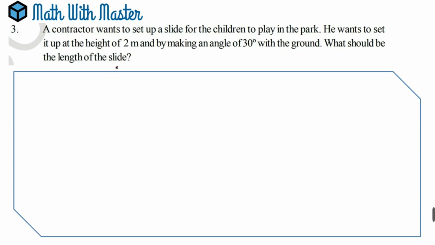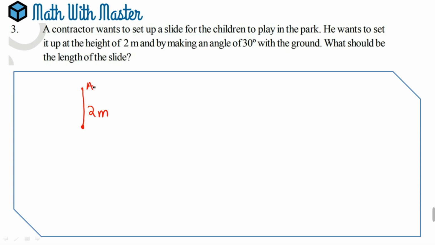So first he mentioned that a contractor wants to set up a slide for the children to play in the park, and the height of the slide is 2 meters. Okay, the height of the slide is 2 meters.